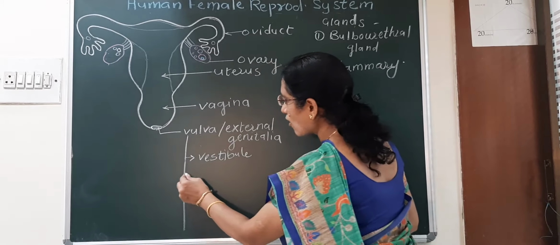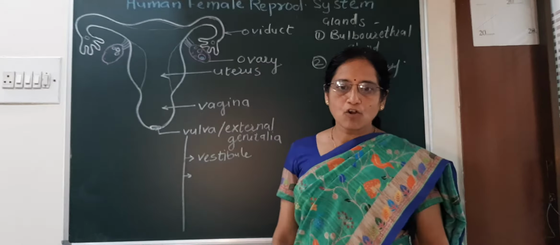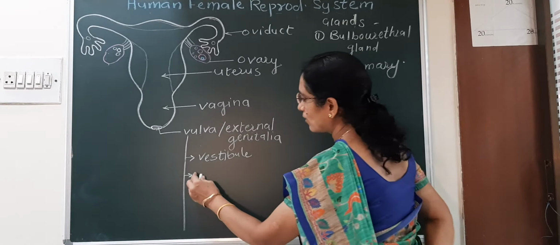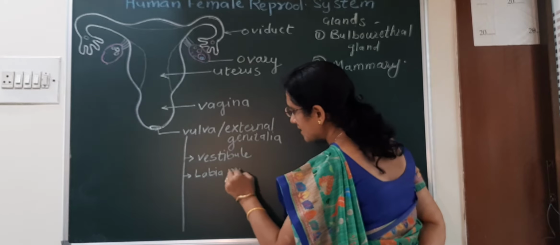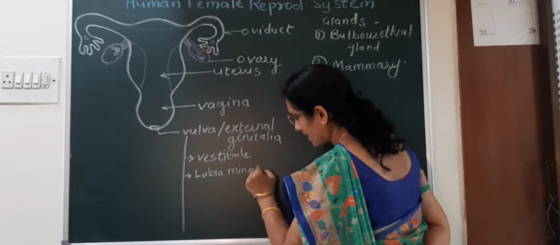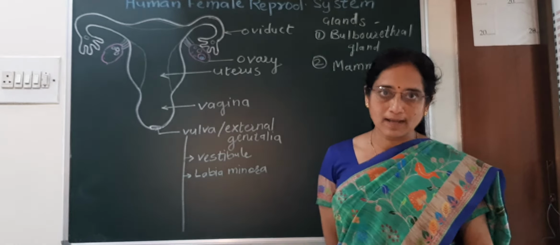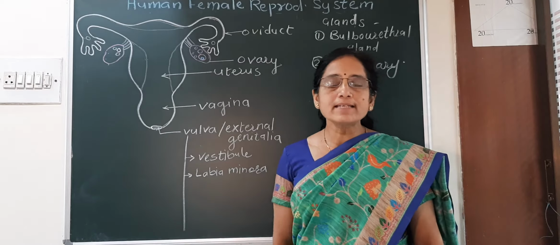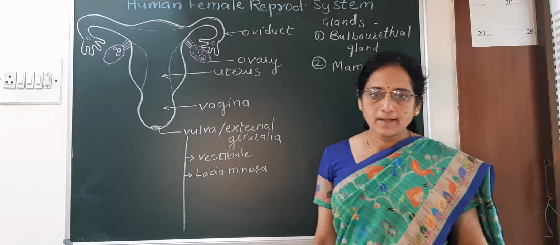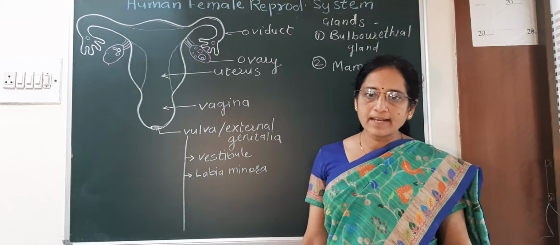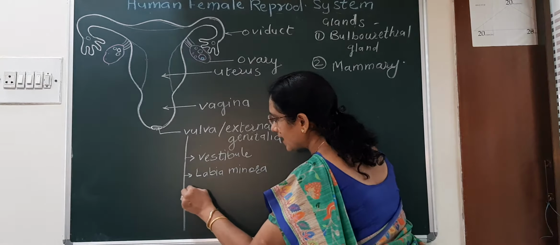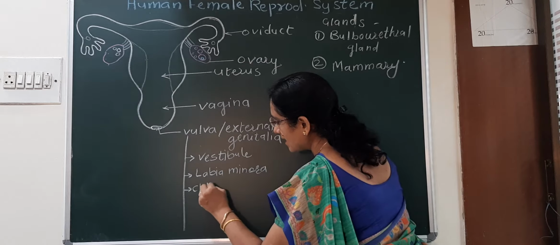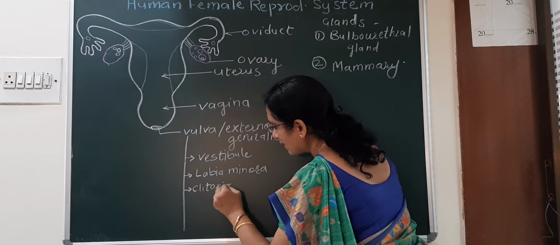The second organ is called the labia minora. Labia minora is a thin skin fold, as the name suggests, and it is the covering around the clitoris. The clitoris is an organ similar to the male penis.